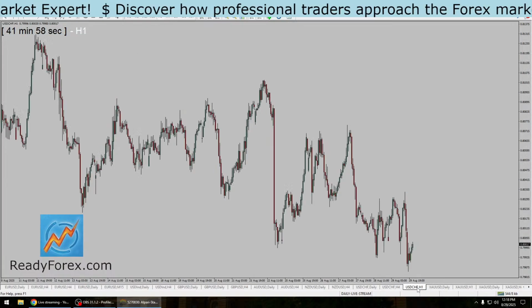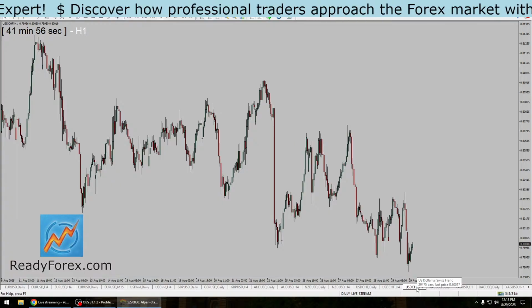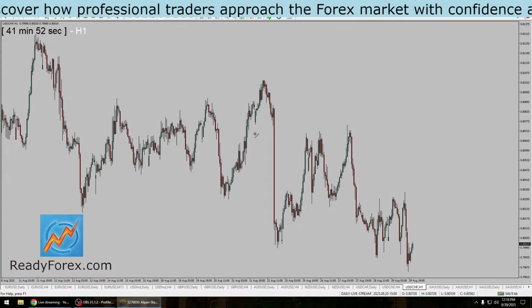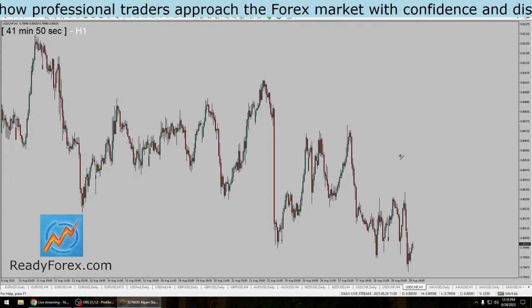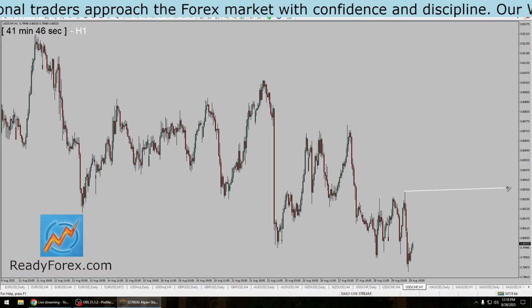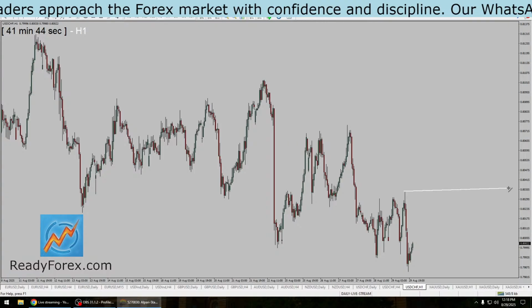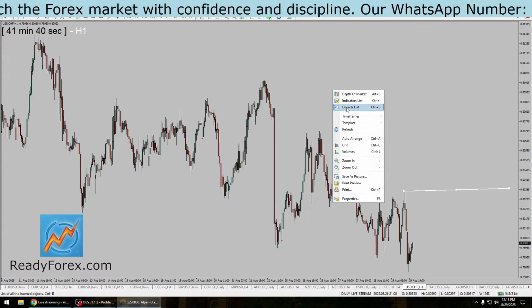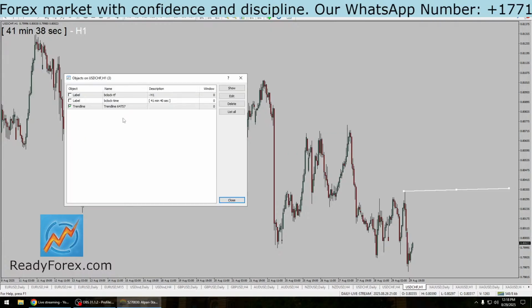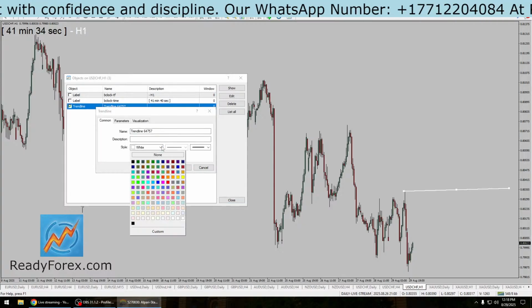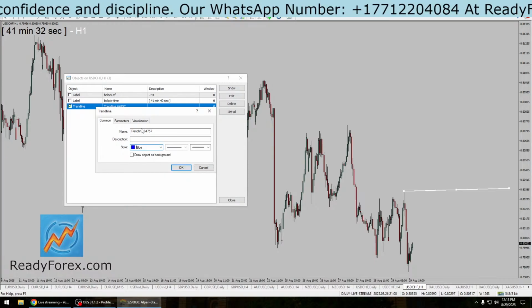Okay, here's a potential setup. Let me discuss it in more detail. So there's no need to look for a buy trade at the current market price level. A good idea is to wait for a bullish breakout first. Let me draw the level and also tell you the exact price level that you need to look at.